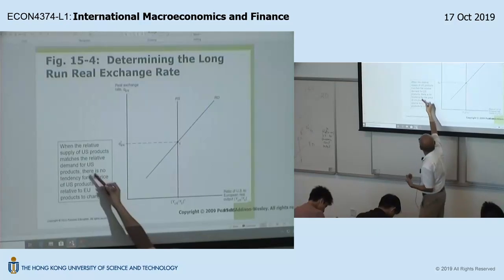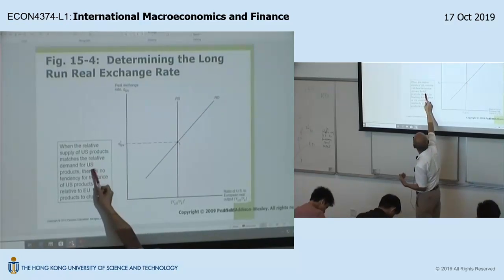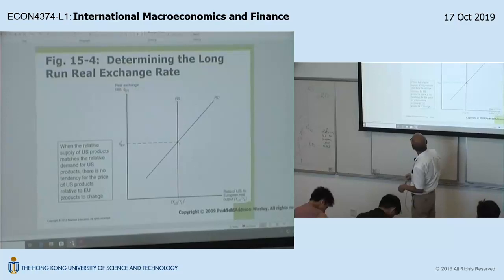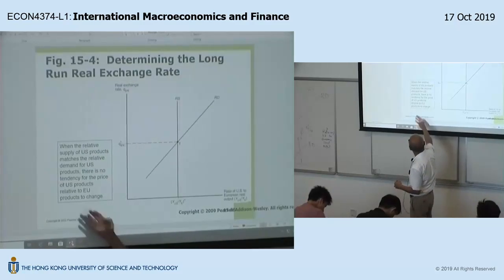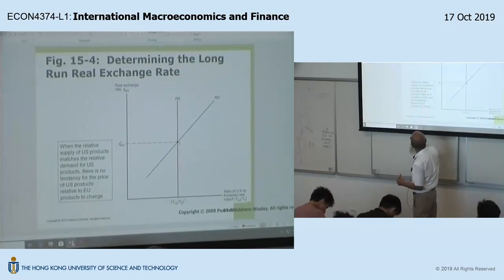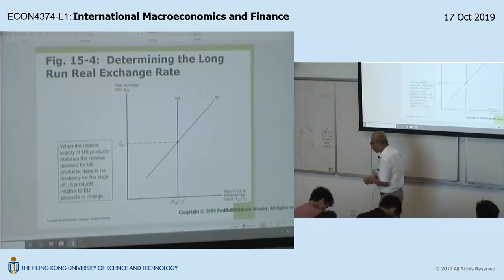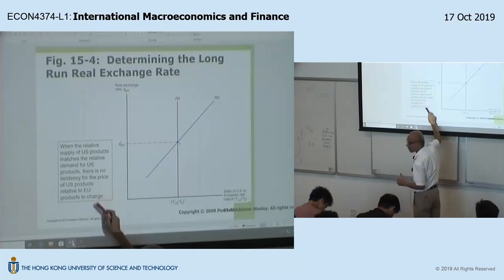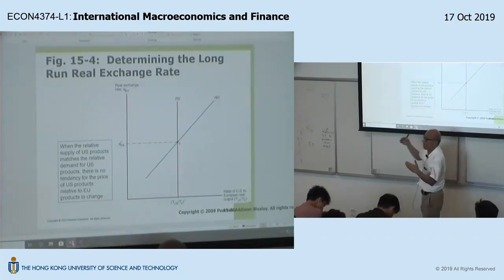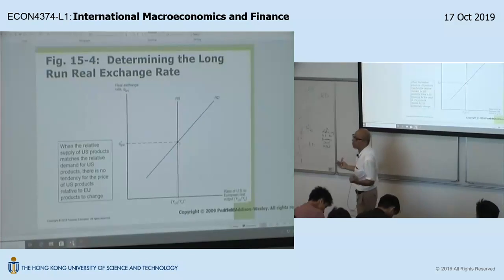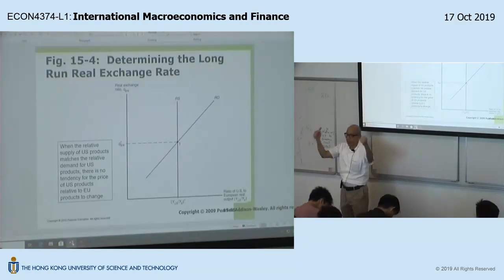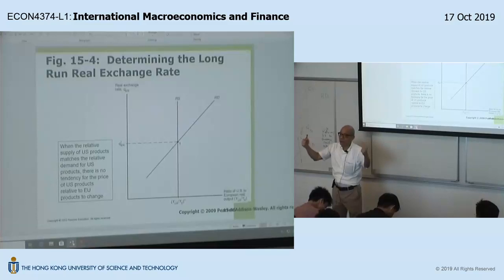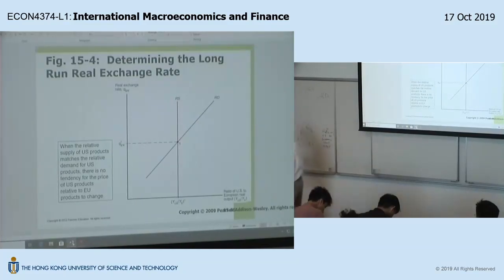When the relative supply matches relative demand, there is no tendency for the price of U.S. products relative to EU products to change, because both markets are in equilibrium now. The quantity of supply and demand matches in both the American goods market and the European goods market.